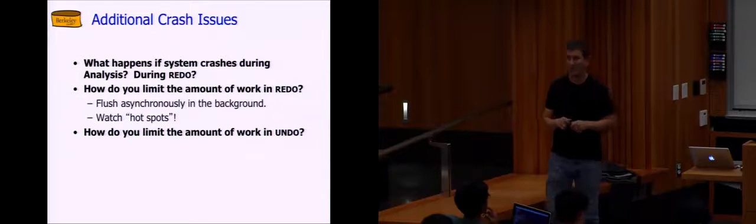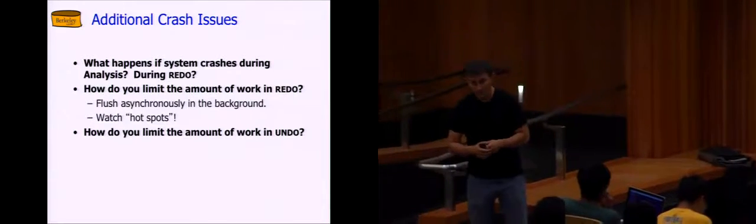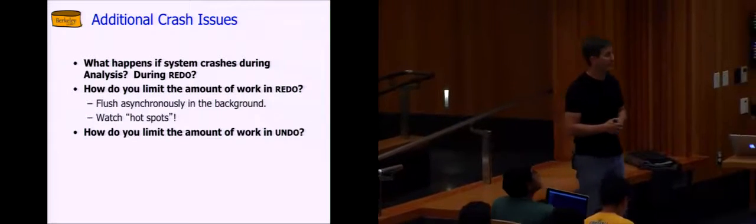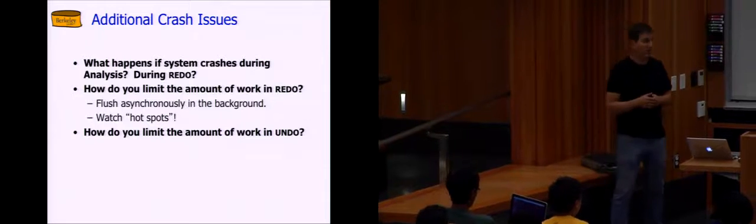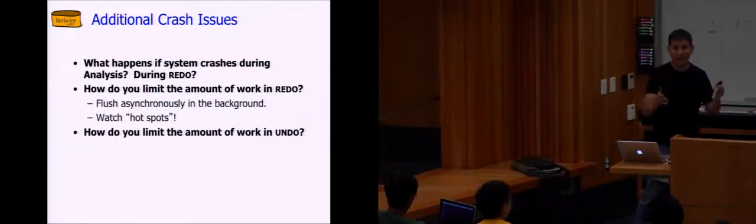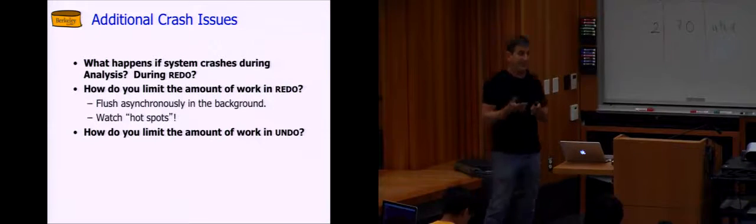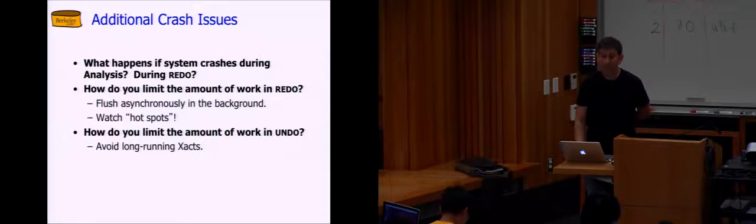Something that hasn't yet committed or aborted. It's the first log record of the oldest transaction live in your system that you might have to undo. So the only way to limit that is to not let people run really long transactions. If something runs for more than, I don't know how many log records, abort it. Bad transaction. So you could do that. That'll limit your undo window. Just avoid long running transactions.